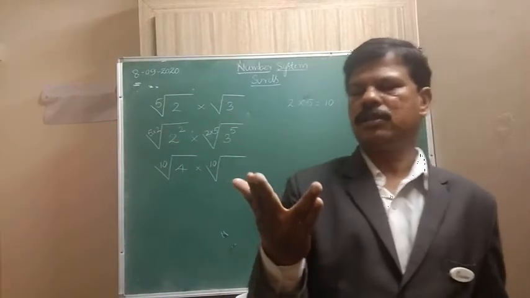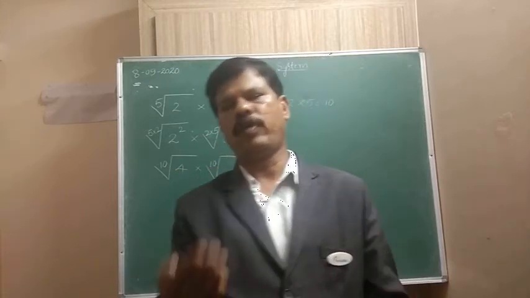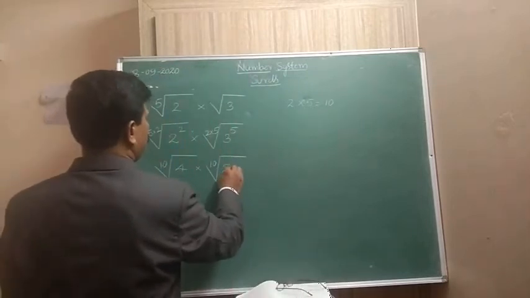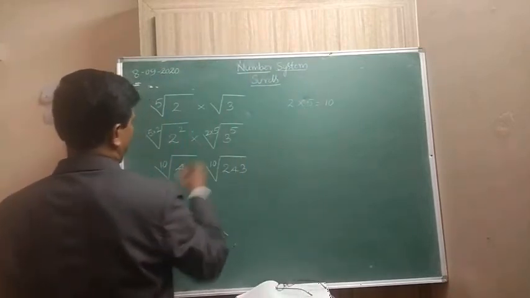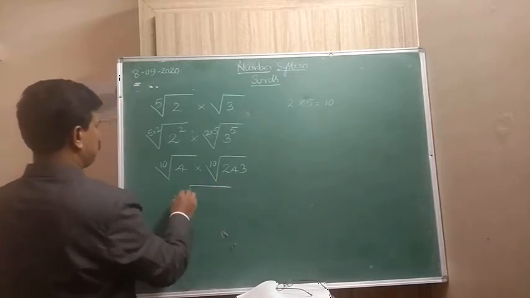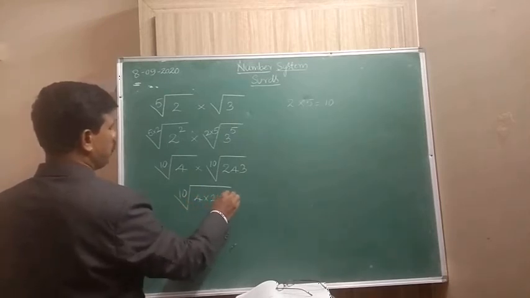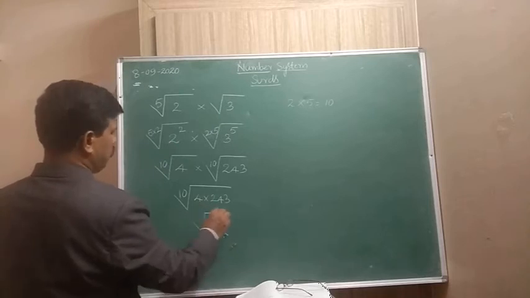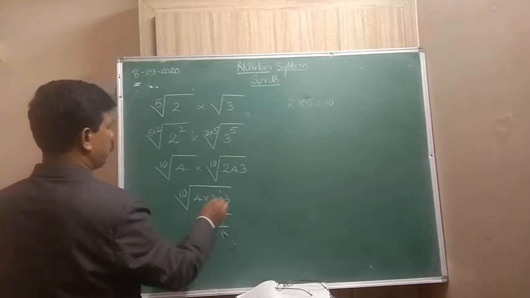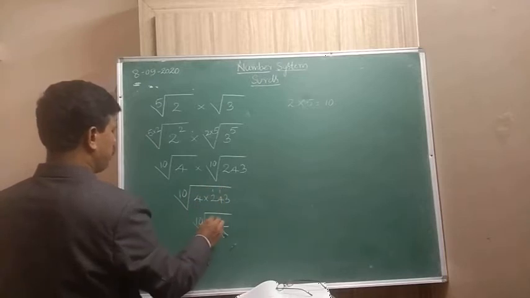So you should multiply 3 five times. 3 3s are 9, 3 3s are 9, 3. So 9 9s are 81. 81 into 3 is 243. Now under one root, it is the 10th root of 4 into 243. 4 3s are 12, 1 4 4 is 16, 1 17. 1 4 2s are 8 plus 1, 9.